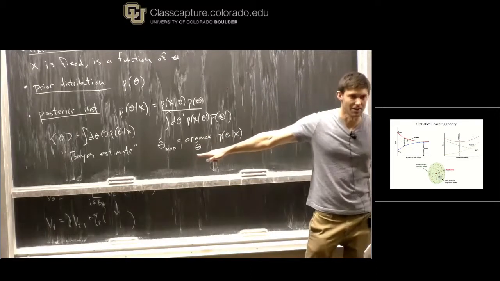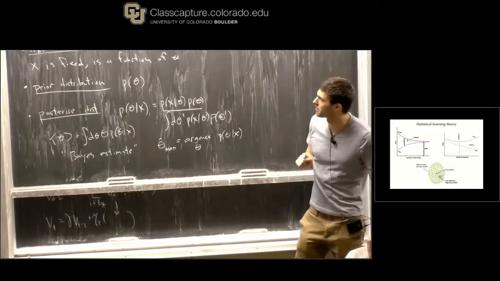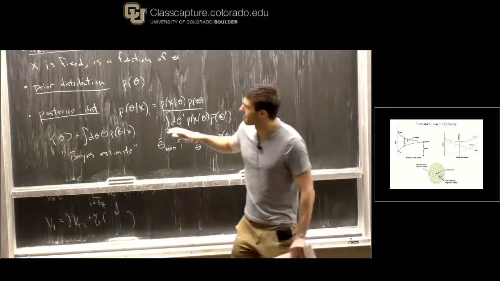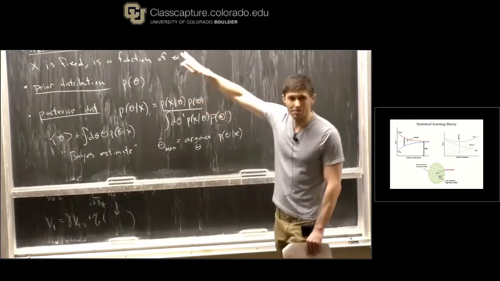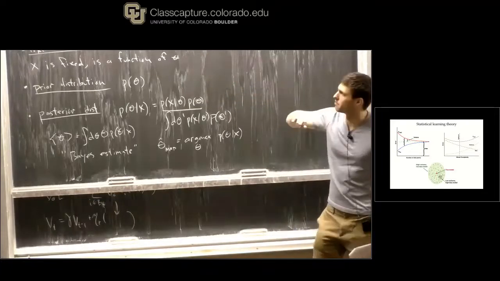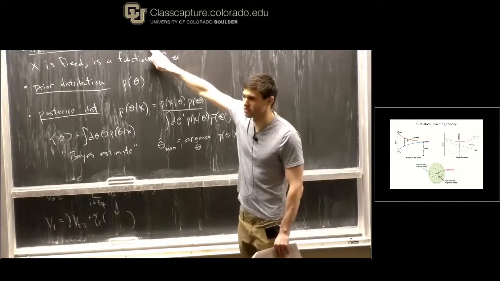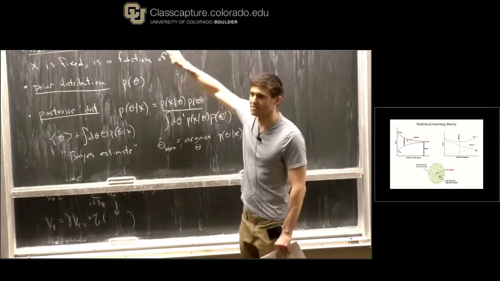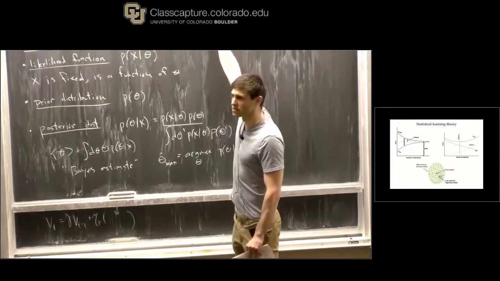As I'm writing this, I realize I forgot to tell you something above here. So if I want to work without a prior, if all I have is a likelihood function, you could still treat this as a function of parameters and maximize that and find the value of the parameters that make the data most likely.